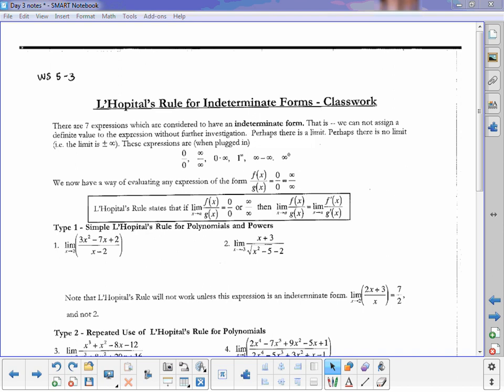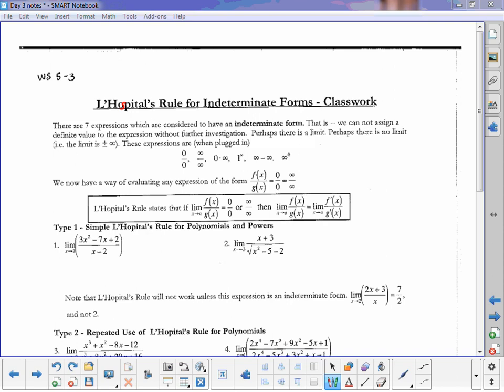Alright, so L'Hopital, like I said, I believe he was a French guy, pretty important French guy, and he came up with this shortcut, or discovered this shortcut for certain limits that we encounter. And like I said, I've seen where it's spelled with an S as well, so not L'Hospital, but L'Hopital.